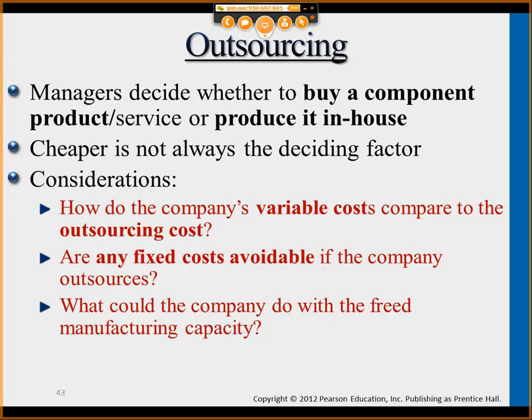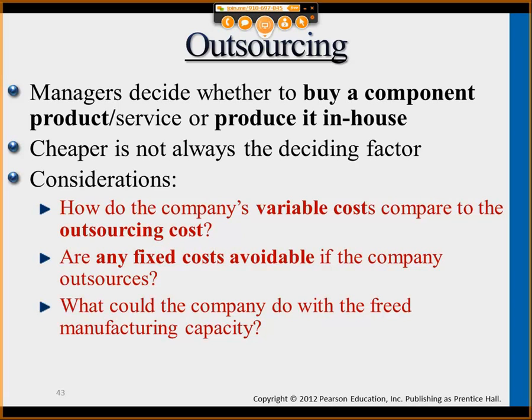So what other considerations? How do the company's variable costs compare to the outsourcing costs? Can any fixed costs be avoided if the company outsources? Why is it important to us to understand if fixed costs can be avoidable if we outsource? Because we're not using our machineries and stuff like that.